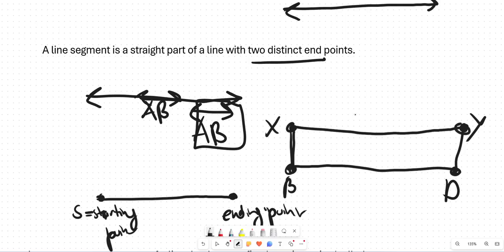So line segment BD is congruent to line segment XY because they have the same distance and the same length, because they are rulers. And that's all for line segments.